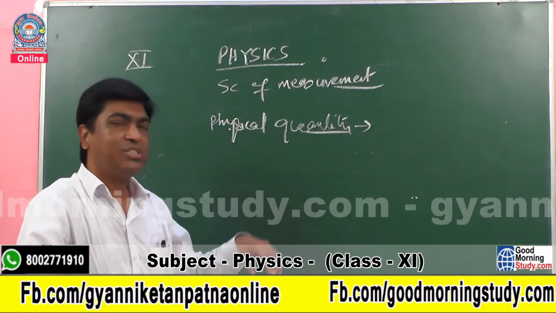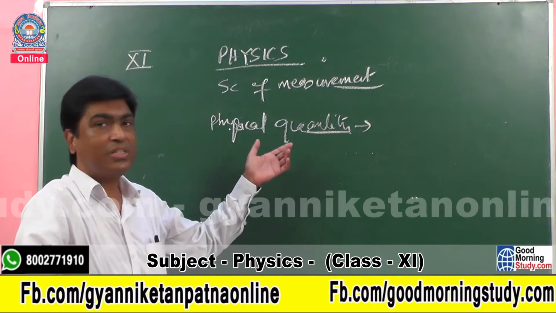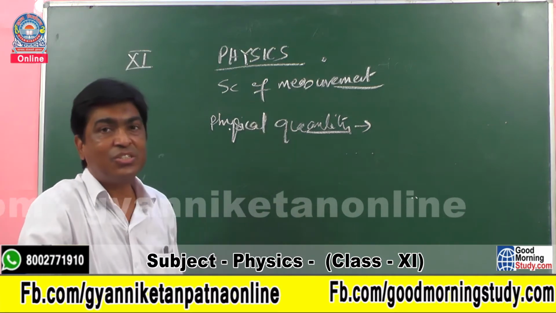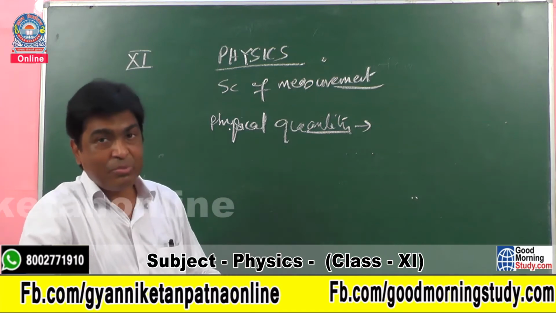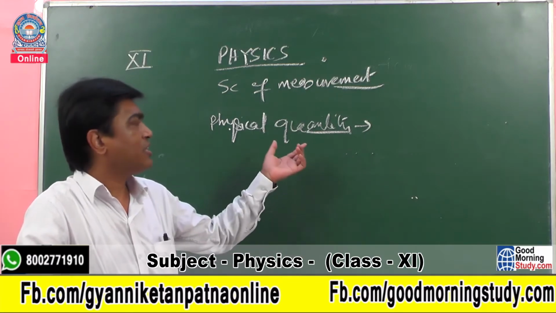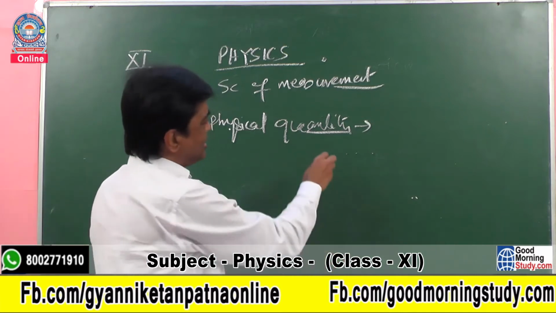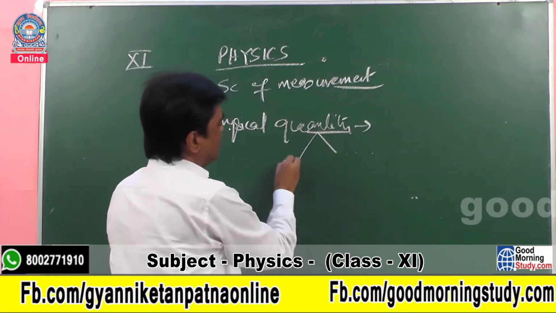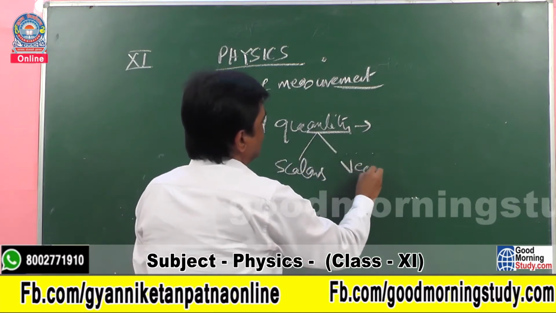The quantity which is being measured or described in numbers is called the physical quantity, because physics is a science of measurement. The thing which can be measured comes into physics, and the thing which can't be measured is out of physics. So the thing which is measured is called a physical quantity, and this physical quantity is categorized into two types, that is scalars and vectors.